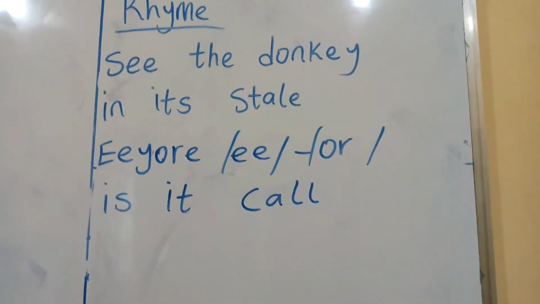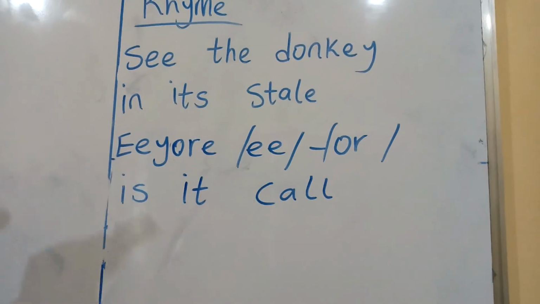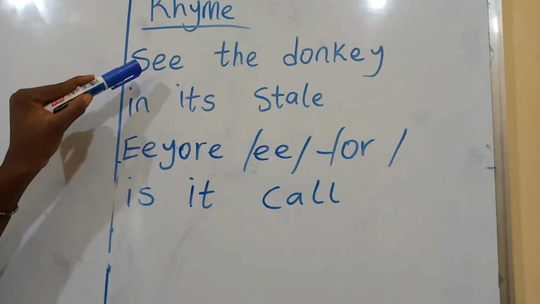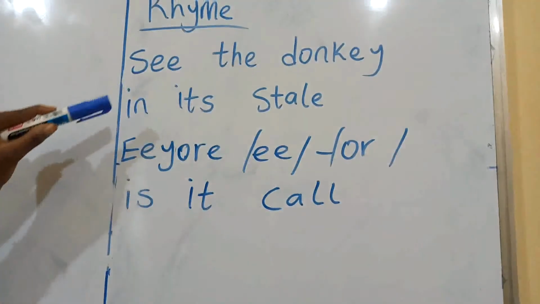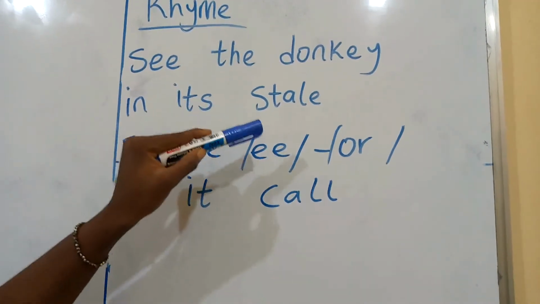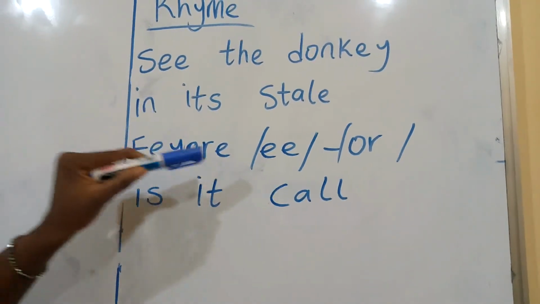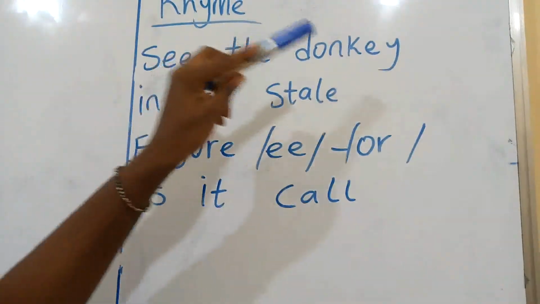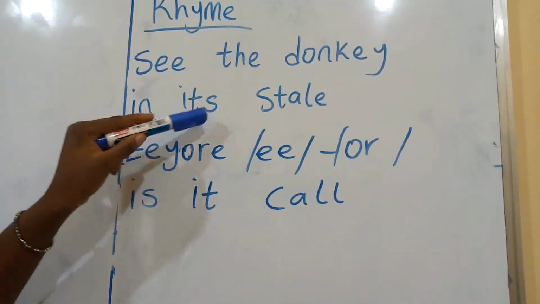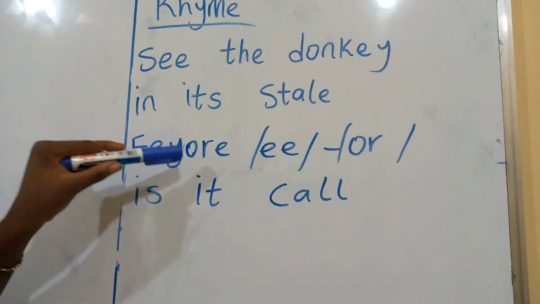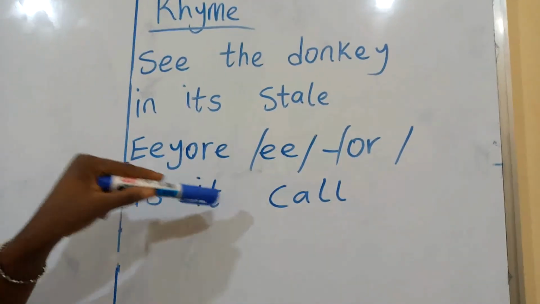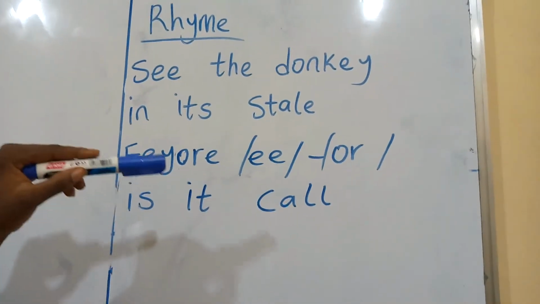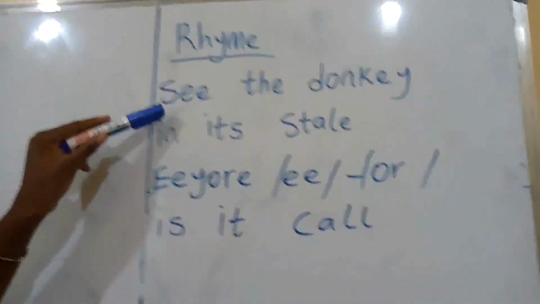Okay, now let's go once again together. Are we ready? 1, 2, go. Repeat after me. See the donkey in its tail. E-R, is it call? See the donkey in its tail. E-R, is it call? Let's sing it one last time.